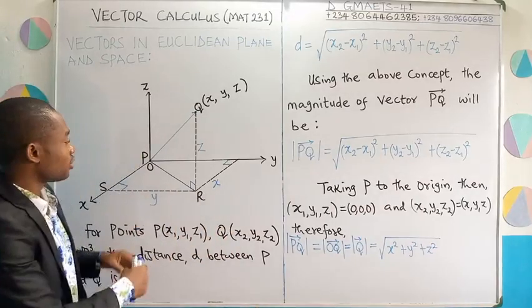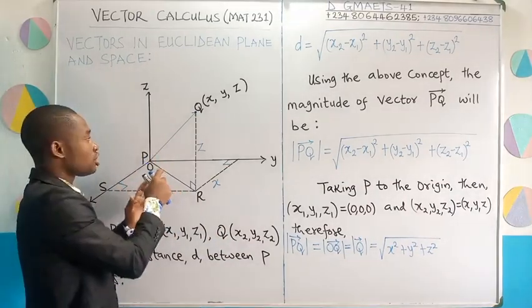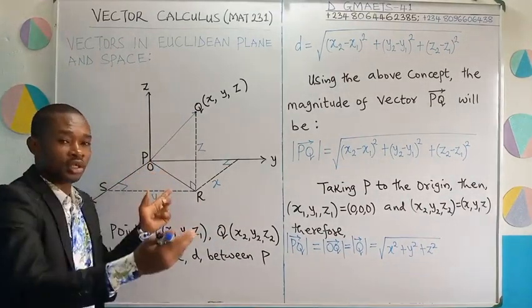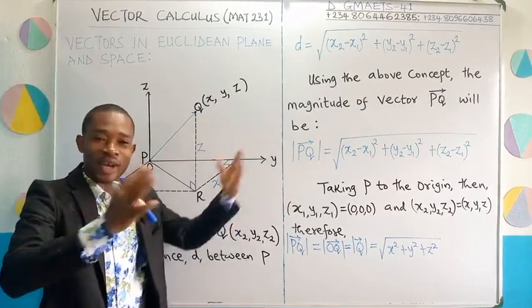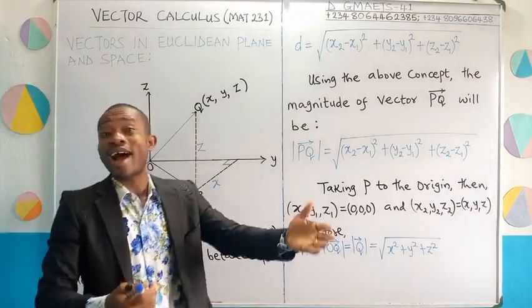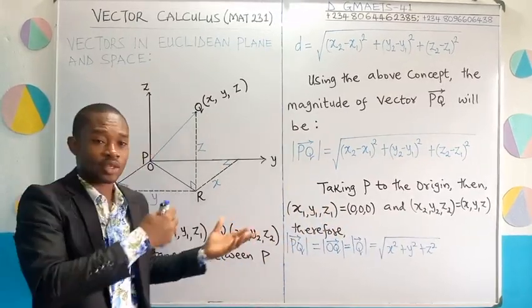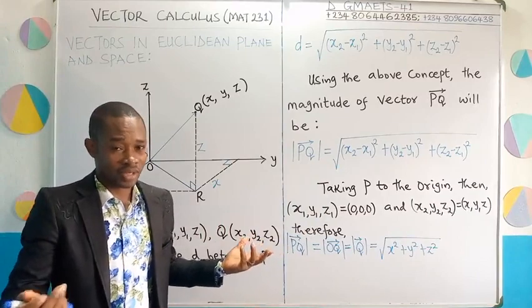Anyway, back to what we have on the board. I've decided to show this vector PQ from the origin. We know already from what I discussed in 2 dimensions that P may be from another point, x1, y1, z1 in this case, which is not 0, 0, 0.